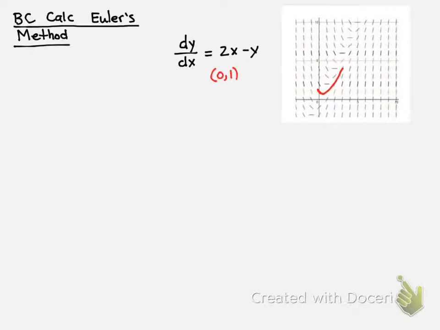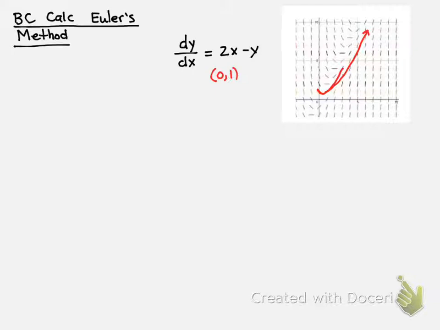And our slope field would then tell us about what this needs to look like. It'd probably look more like this. And so that's just drawing the solution to a particular slope field.